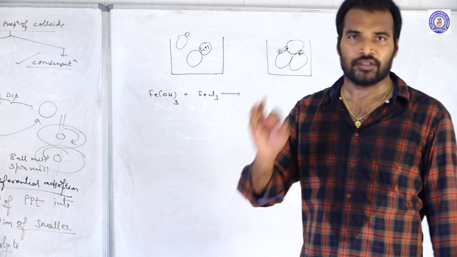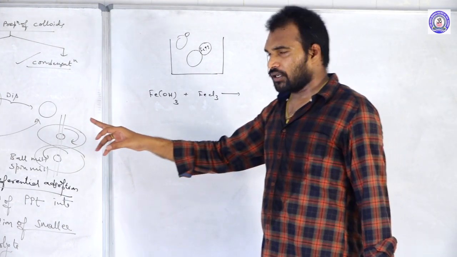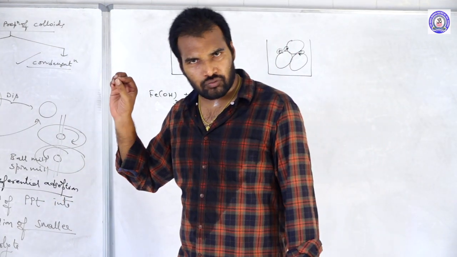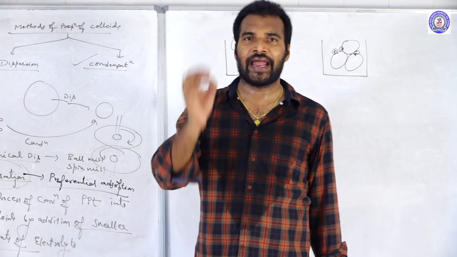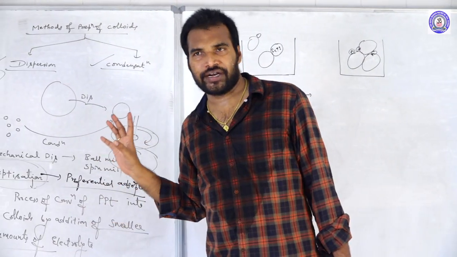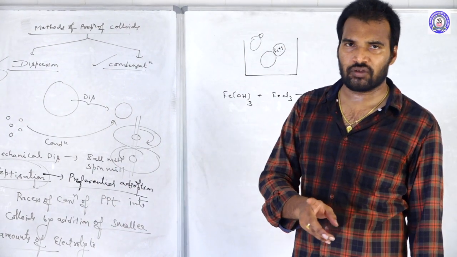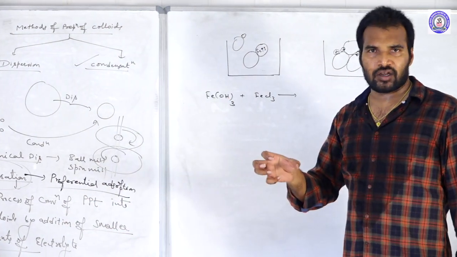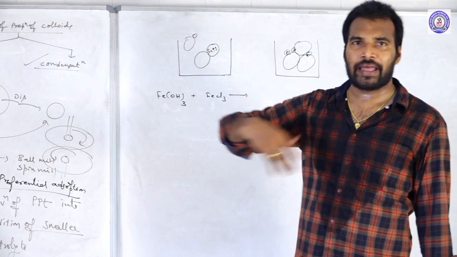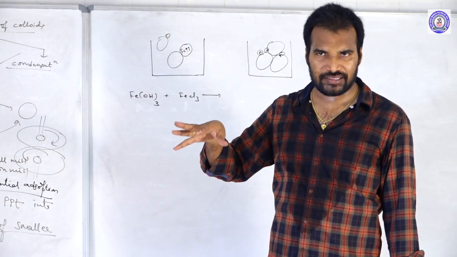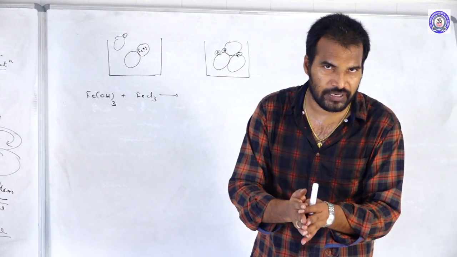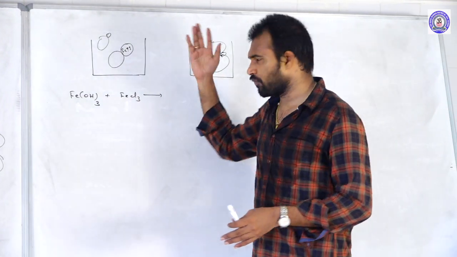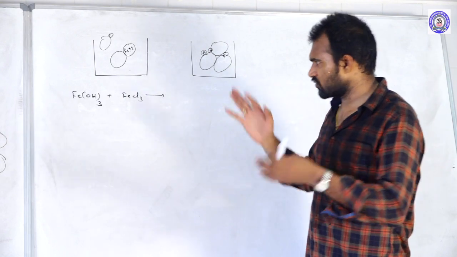That is why, during peptization, in order to convert the precipitate into colloidal solution, you should add a very small amount of electrolyte only. If you add an excess, the excess ions will bring back their cations or anions, there is no charge, and again they accumulate together and a precipitate forms again. That is the actual problem.